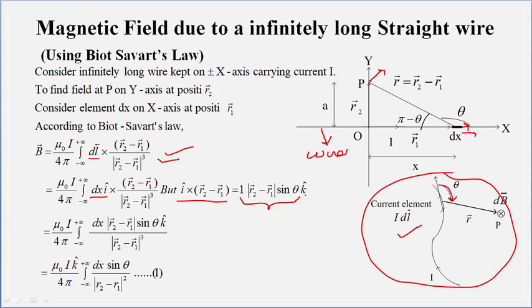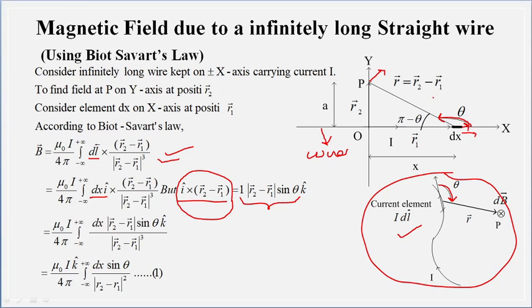Now, how do we get k cap? That is the unit vector. So now we have to find the direction of this cross product, i cap cross vector r2 minus vector r1. The first vector is i cap, and the angle is going from i cap to vector r2 minus vector r1.